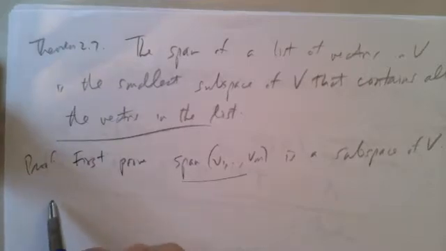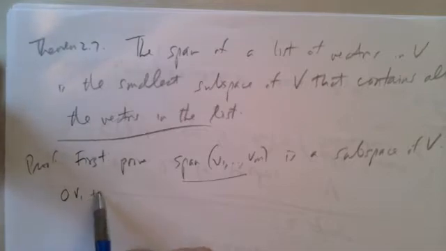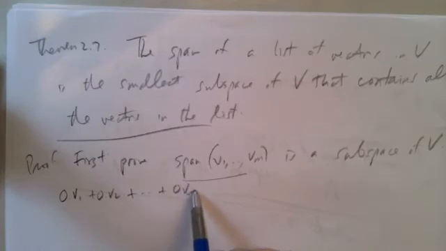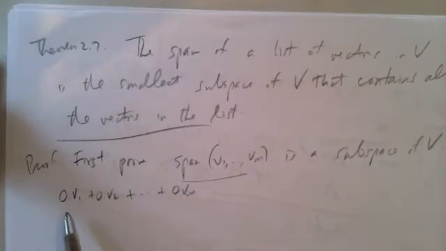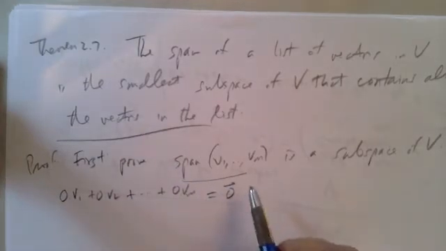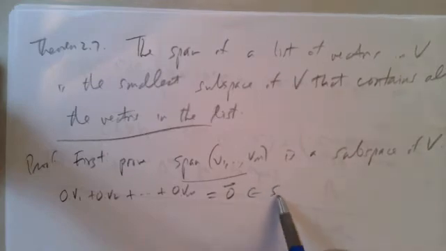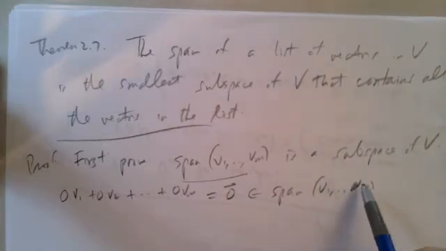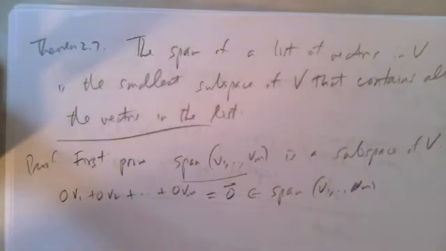So for example, if I take the linear combination 0 times V1 plus 0 times V2 up to 0 times V sub m, 0 is a scalar times a vector. That's always the 0 vector. I'll just write it like that to emphasize that it is in the span. So the span does contain the 0 vector.